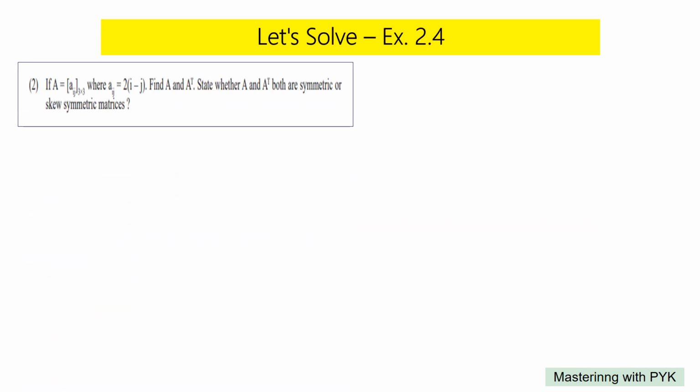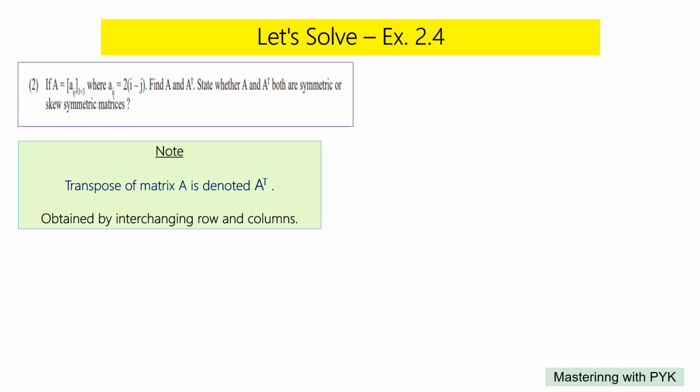Here we have been given an equation a_ij = 2i - j, and A is a matrix of order 3 cross 3. We have to find three things here: the matrix A, that is the original matrix with the given equation, A transpose, and whether it is a symmetric or a skew symmetric matrix.